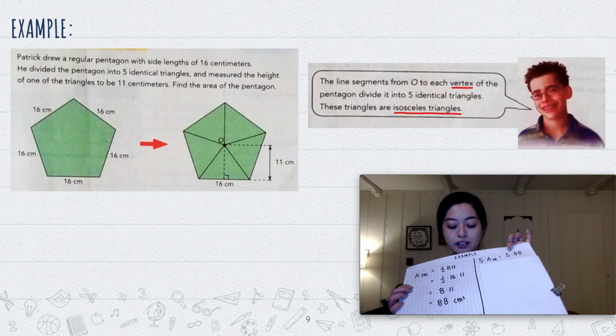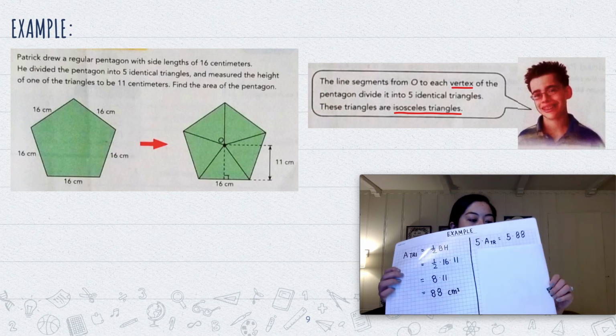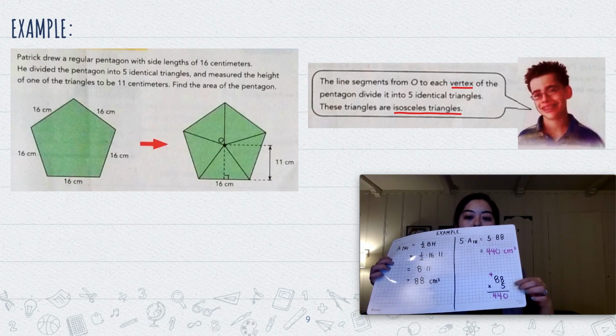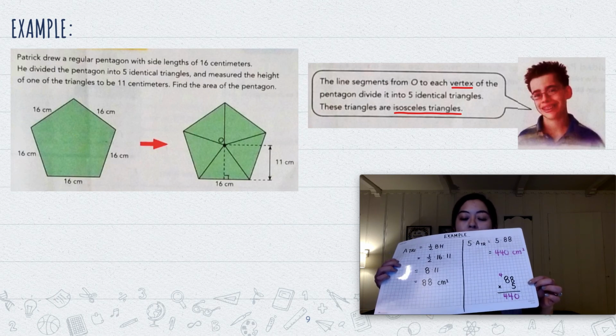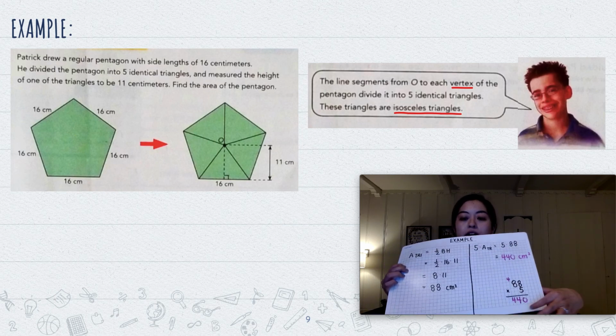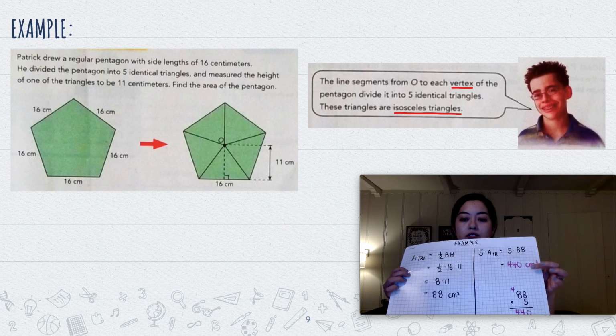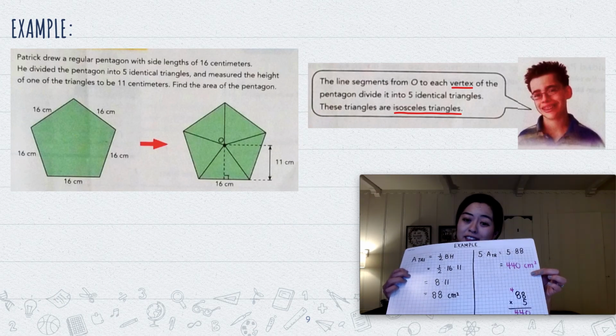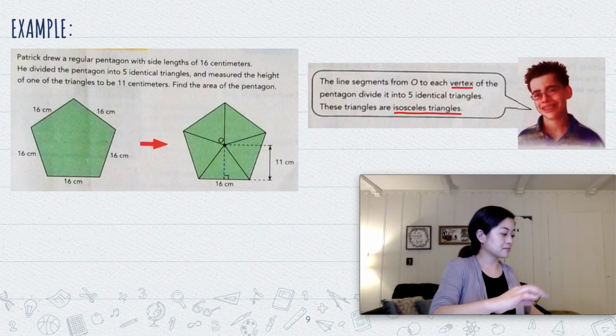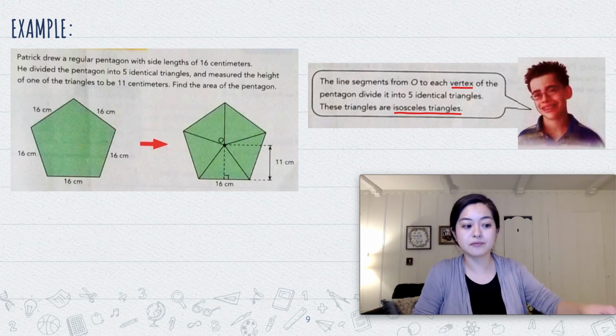So that's 5 times 88. And if you do the math down here, and you can pause the video if you need to see how I got this, it turns out to be 440 square centimeters as the area of the pentagon.